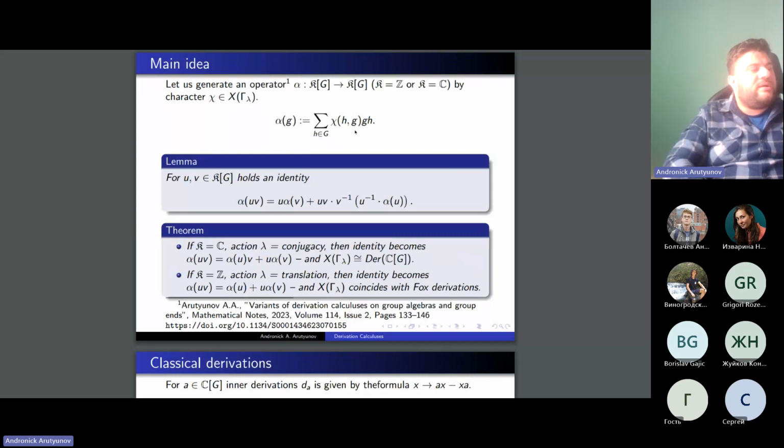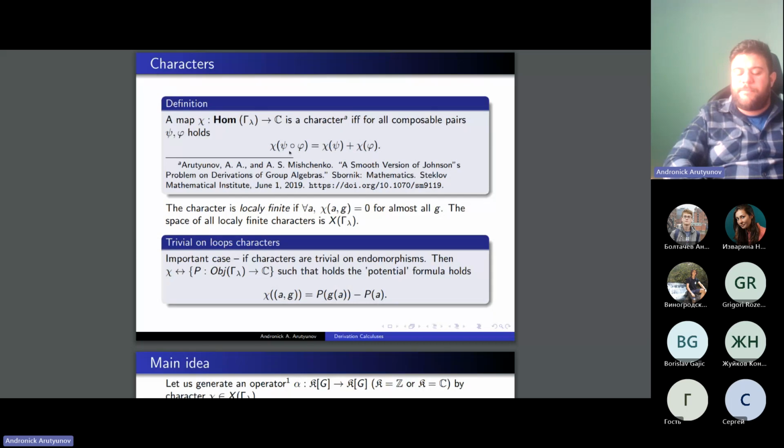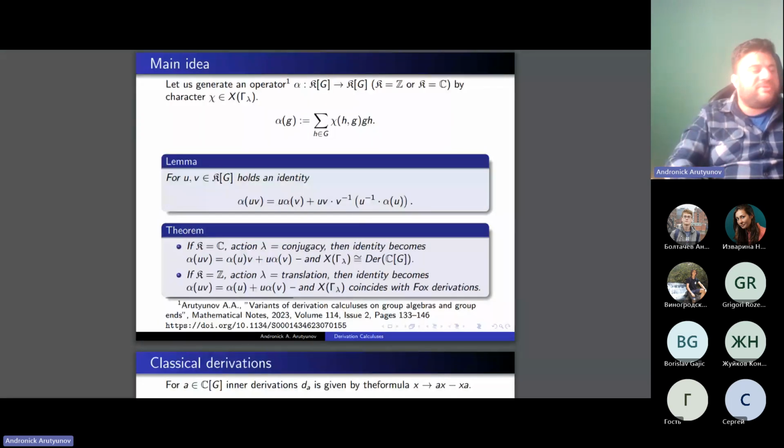And so it means that this is a composition of two characters, and this condition for characters gives you some identity. You can trust me that I calculated it correctly, and this identity is written in the following way, as it is written in the lemma.